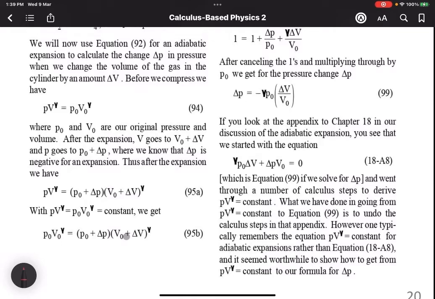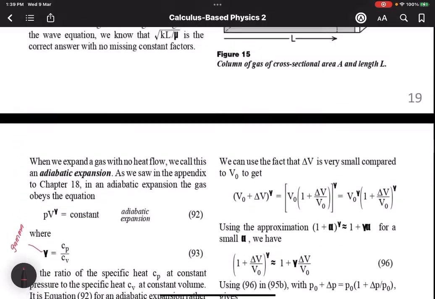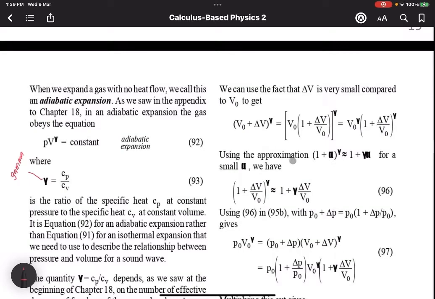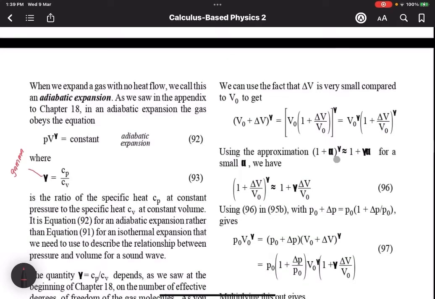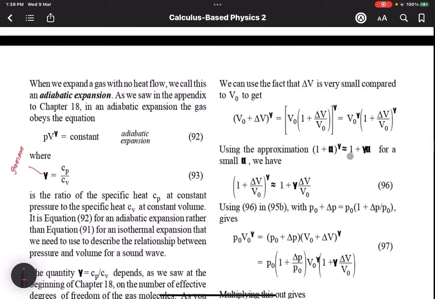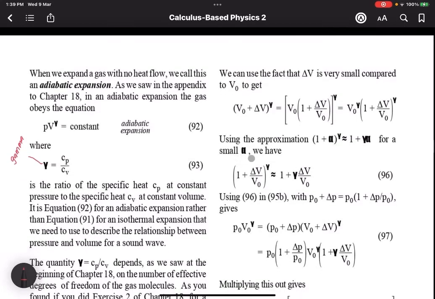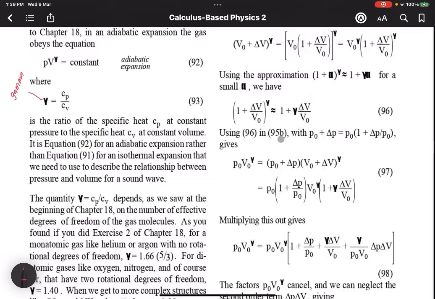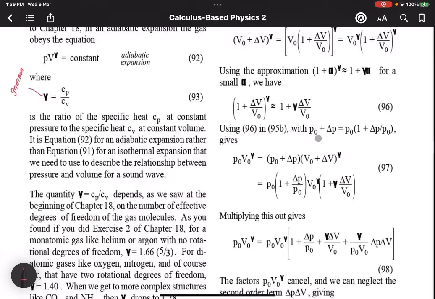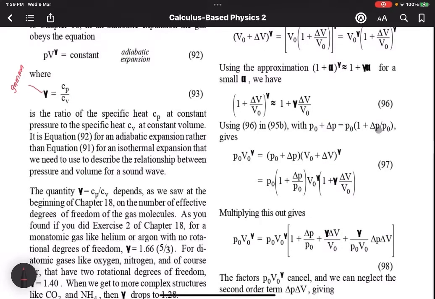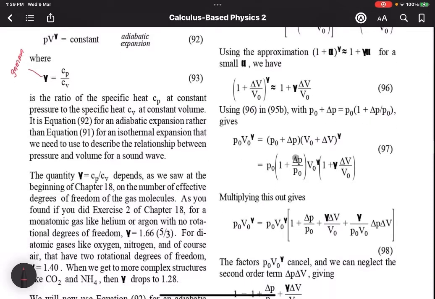Kasi meron na tayong expansion ng gas. We can use the fact that the change in volume is very small. So using that, we can have the approximation (1 + a)^γ is approximately equal to 1 + γa for a very small value of a. Using equation 96 and 95B, with P0 plus change in pressure equals P0 times 1 plus the change in pressure over P0, gives us the following, no?